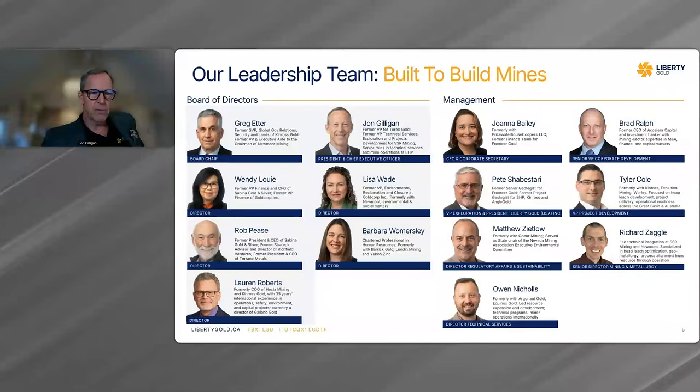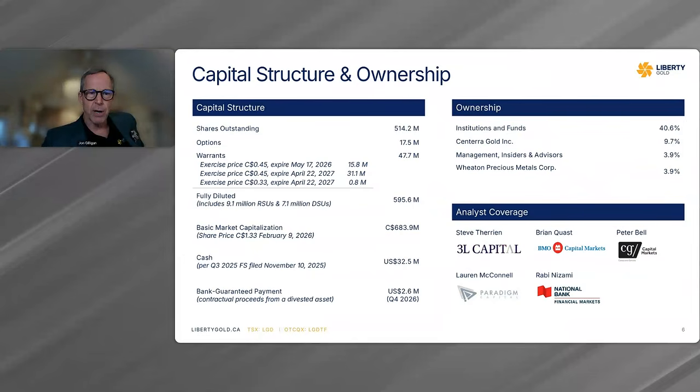Next one, please. From the capital structure, just over 500 million shares outstanding. We had 32 million US in treasury at last reporting. That was Q3. That's come down a little, obviously with the finishing of drilling last year. But we have warrants. You can see 45-cent warrants, two sets, one that expires in May this year and one in April the following year.